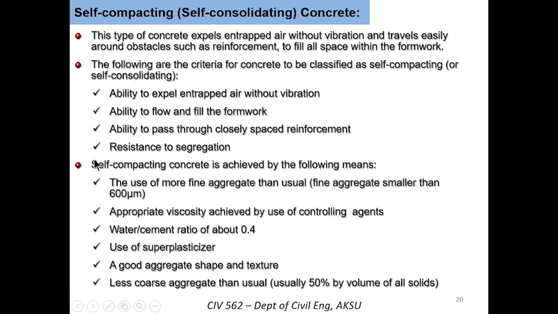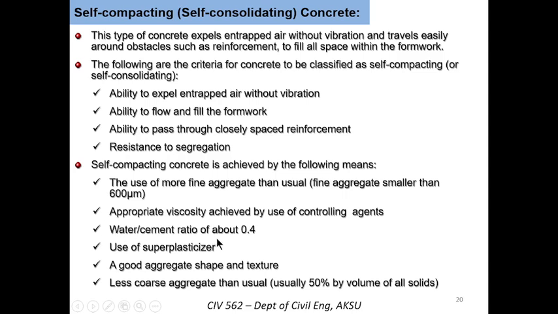Now, self-compacting concrete is achieved by the following means. One, the use of more fine aggregate than usual. Fine aggregate smaller than 600 microns are used. So if you use more fine aggregate, it can help you achieve self-consolidating concrete. Appropriate viscosity achieved by use of a controlling agent, like maybe a water reducing agent or super plasticizer.